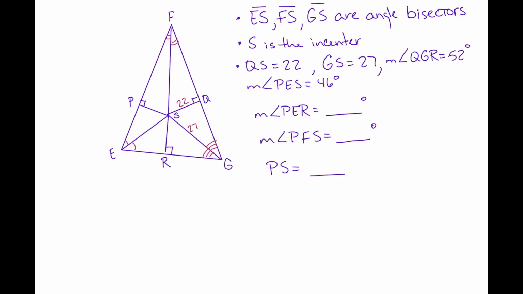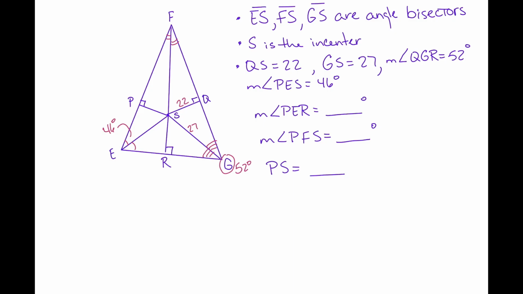And the measure of angle QGR, which is this angle right here, both of those put together, is 52 degrees. And the measure of angle PES, which is this one, is 46 degrees. So that's only part of that big angle. G is the whole angle. So we're going to have to find a couple of angles and one segment.